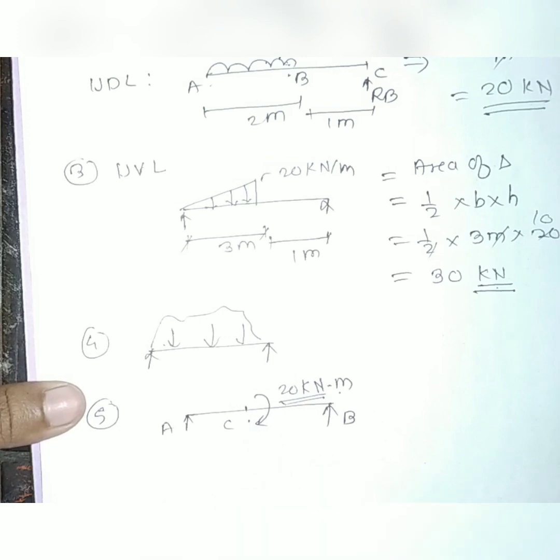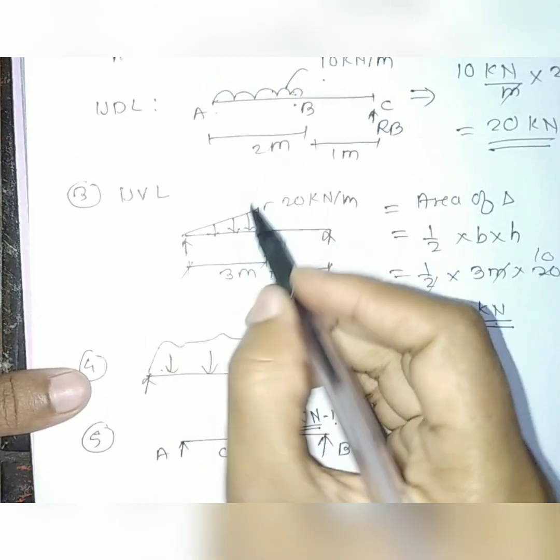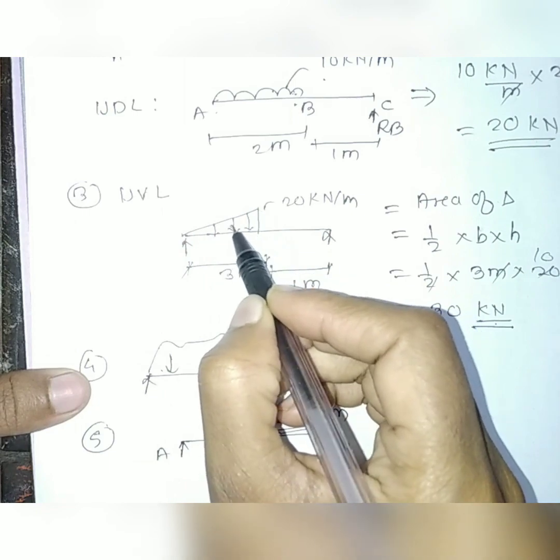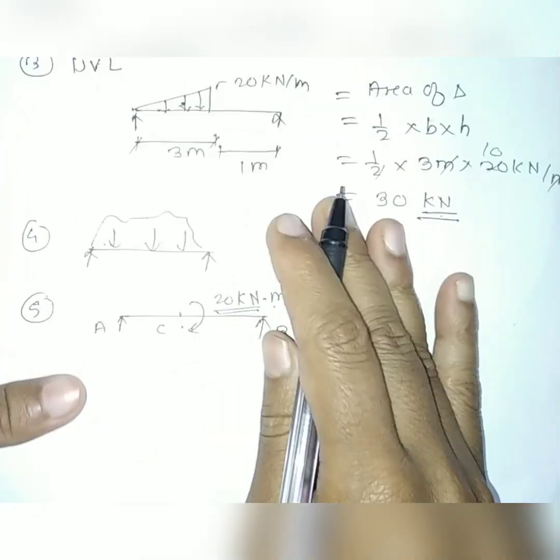One thing to represent is in UVL, what is the CG of this particular triangle?